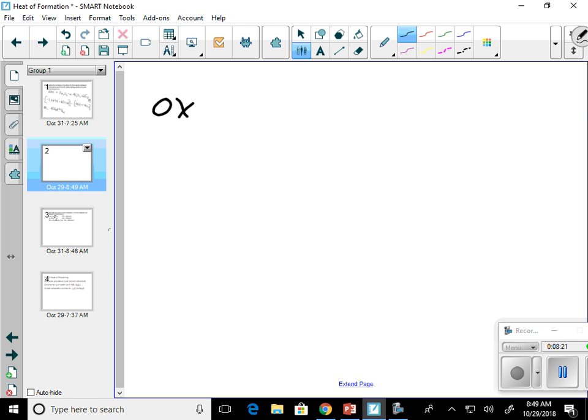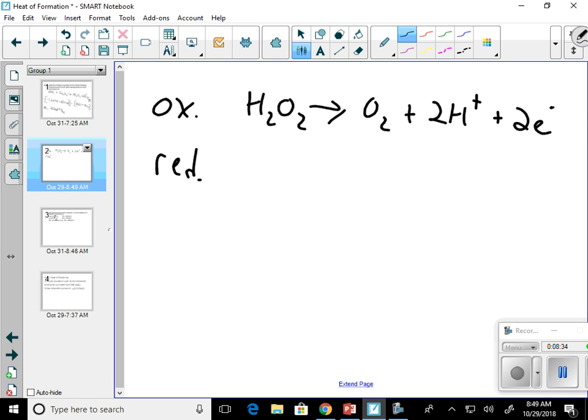Remember last unit where we had to write down an oxidation and a reduction equation. For example, we had the oxidation of hydrogen peroxide to make O2 plus 2H plus 2 electrons. We had the reduction of the permanganate polyatomic ion. And I know this was on a quiz or a test at some point.